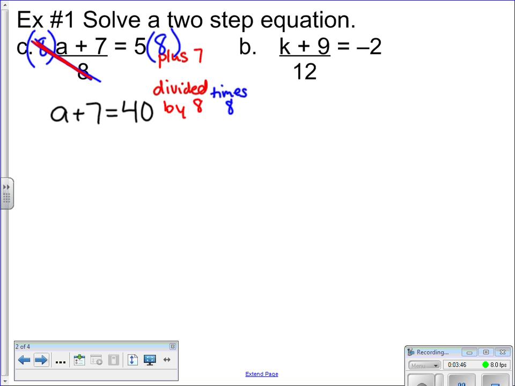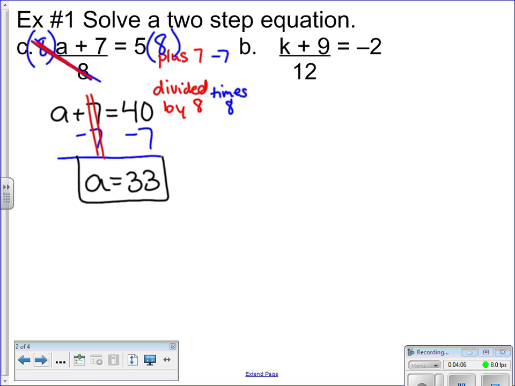Next up, the opposite of plus 7 is minus 7. So if I subtract 7 from both sides, the 7s cross out, additive inverse, and A equals 40 minus 7, which is 33.